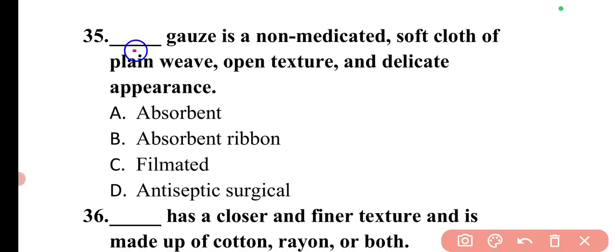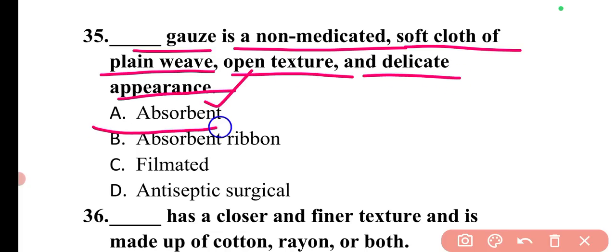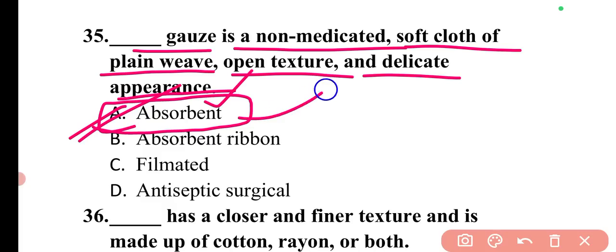Next question is, dash gauze is a non-medicated soft cloth of plain weave, open texture and delicate appearance. So it is absorbent gauze which is a non-medicated one. It is having soft cloth of plain weave, open texture and delicate appearance. So these are the different properties of absorbent gauze. So here option A is correct.